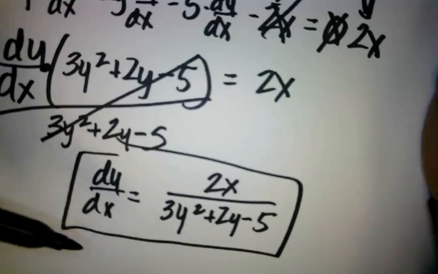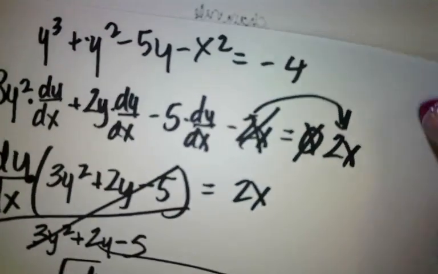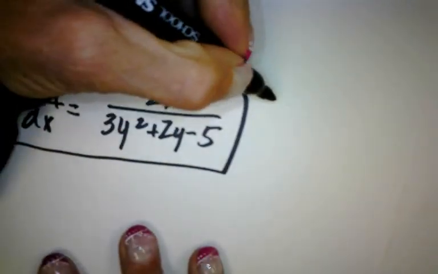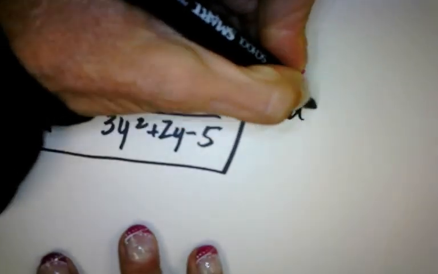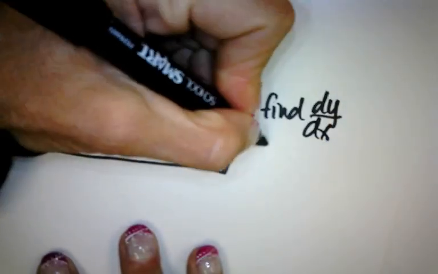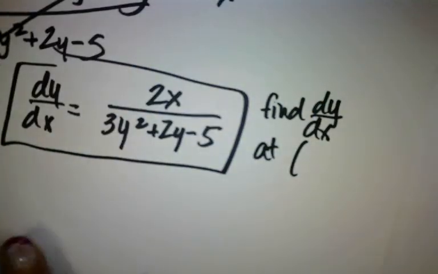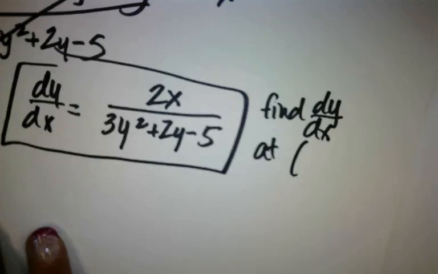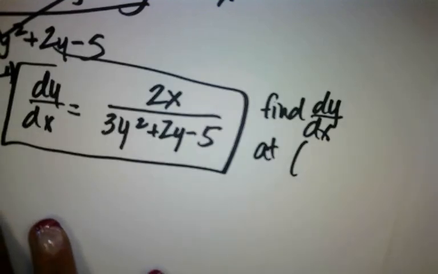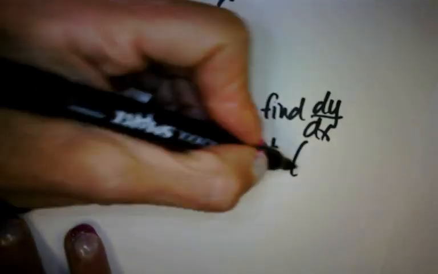So I could find, let's say I wanted to find dy over dx at, I have to make up an ordered pair for this, so at 1, 1. So find the derivative at the ordered pair 1, 1.